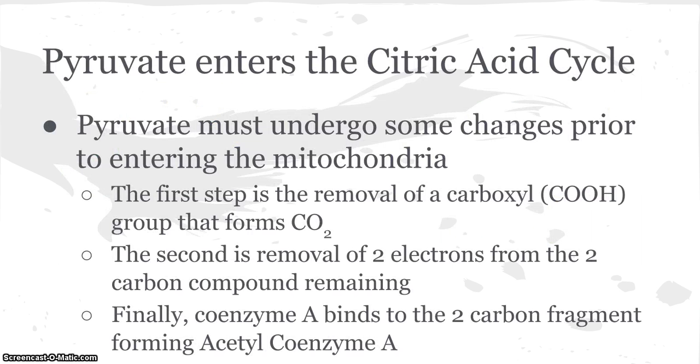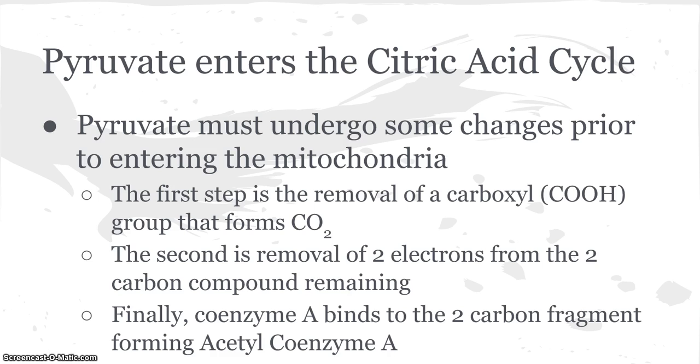So pyruvate enters the citric acid cycle. Pyruvate must undergo some changes prior to entering the mitochondria. So pyruvate does not go directly to the citric acid cycle, but must be changed to form what we know as acetyl-CoA. The first step is the removal of a carboxyl group, which is COOH, that forms the CO2. So we're going to have CO2 released from this.